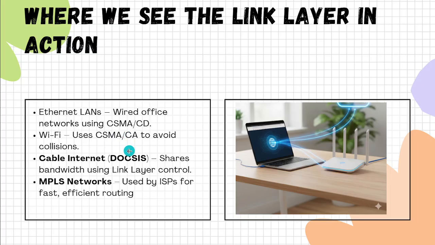The third one is cable internet, which uses DOCSIS, as we discussed earlier, to provide shared access to homes. The last one is MPLS networks, which ISPs use to manage traffic efficiently across their backbone network. So every time you stream a video or send an email, the link layer is silently working to keep your data safe and reliable.